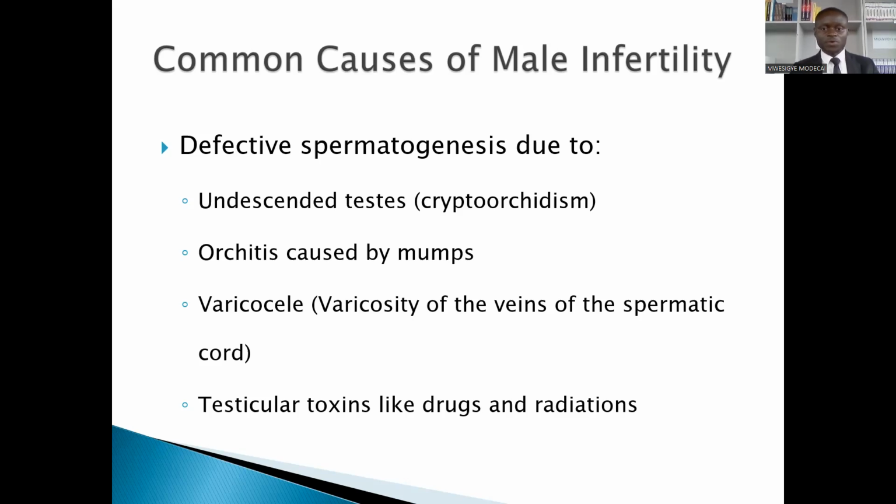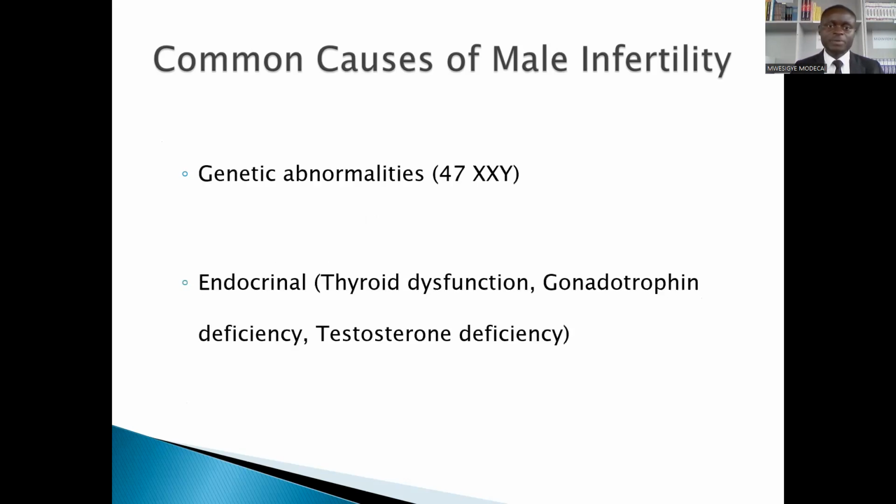Then there is another cause in males, which we call testicular toxins, like drugs and radiation. If you take drugs that alter the process of sperm formation, the sperms will not be there, and this person will be ejaculating no sperm.